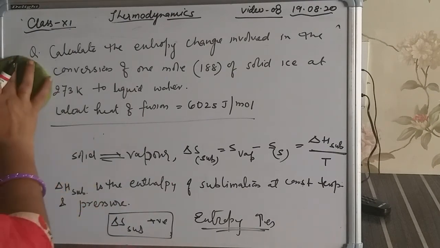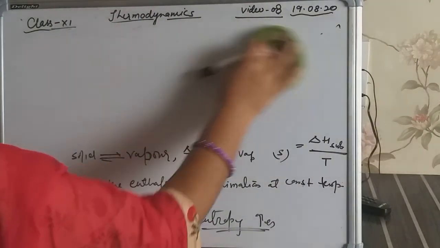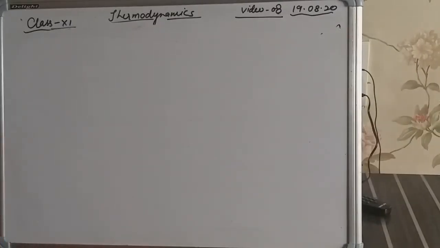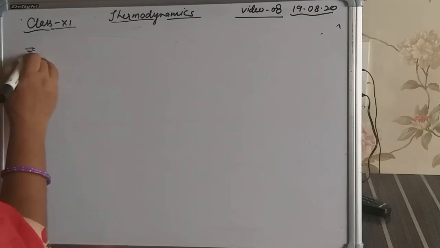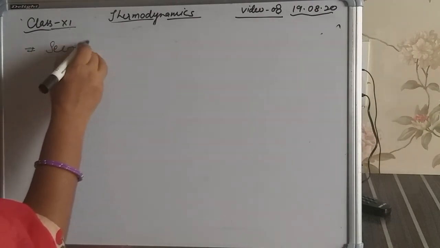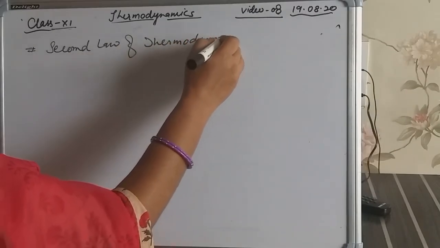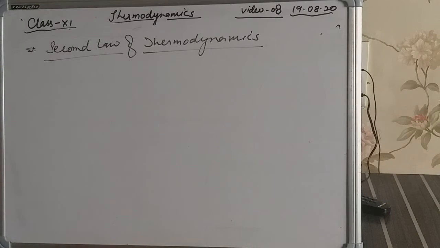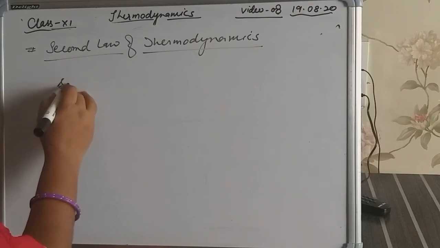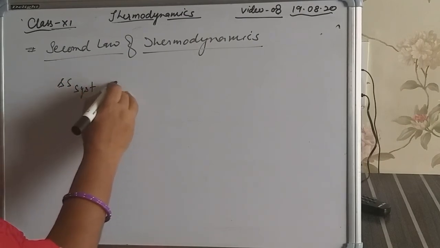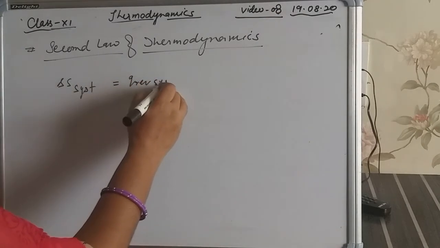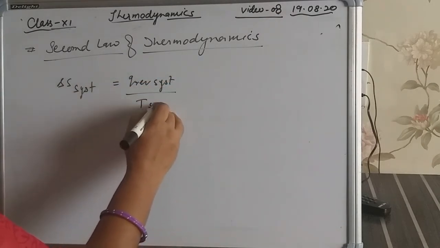Now next, on the basis of entropy change, note down the second law of thermodynamics. As we have discussed, the change in entropy of the system is equal to Q reversible of the system divided by temperature of the system.